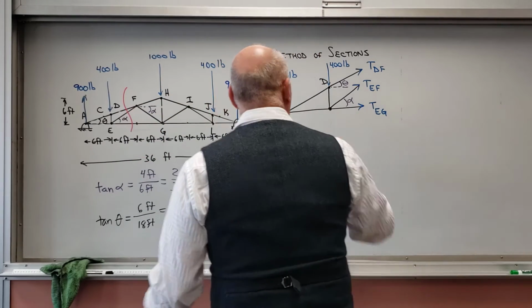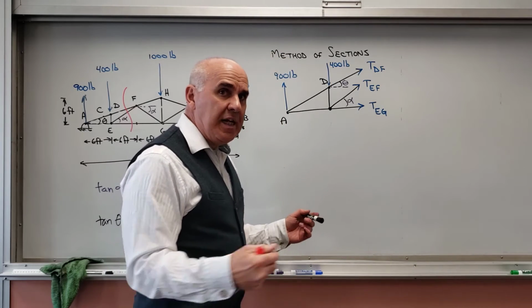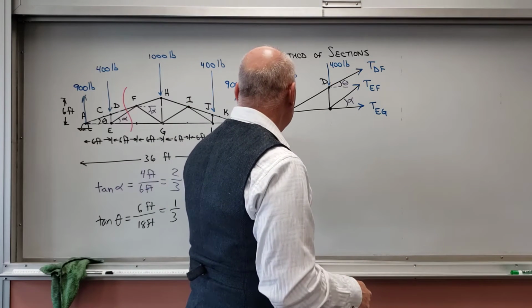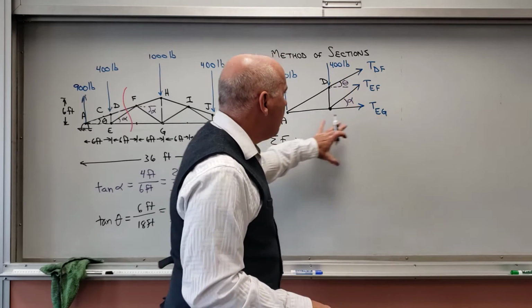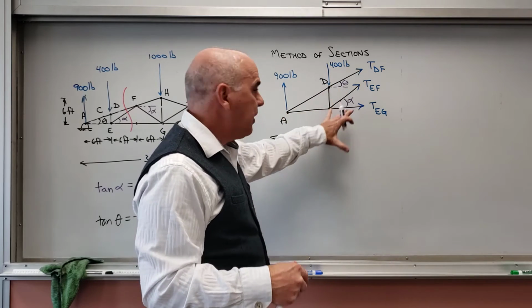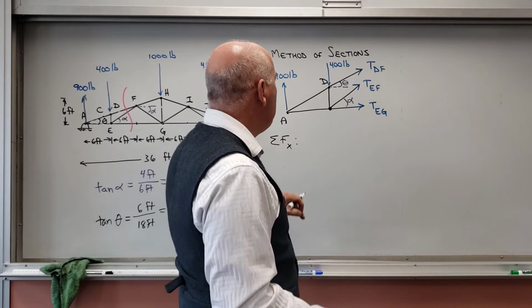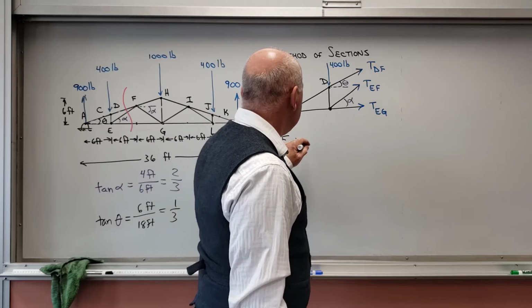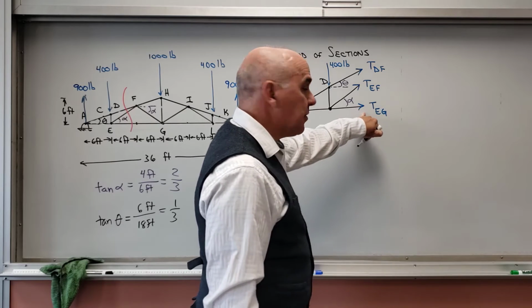All right, so continuing on with this, we'll do the sum of the forces in the x and the sum of the forces in the y. Starting with x, I'm taking this whole section of the truss. The 900 and the 400 are both up and down, so we forget those. I'm going to have TEG, that's purely x.